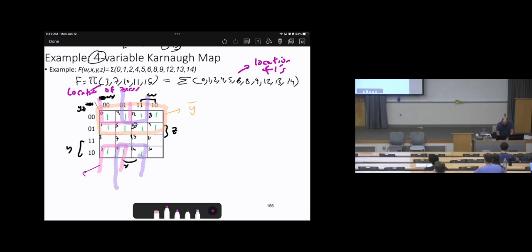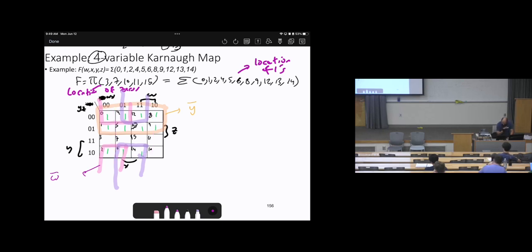The variable w is located here, so for this group it should be w bar. Now let's look at the symbol x. Where is x located? Half of it is with x, half of it with not x, so this is not x.